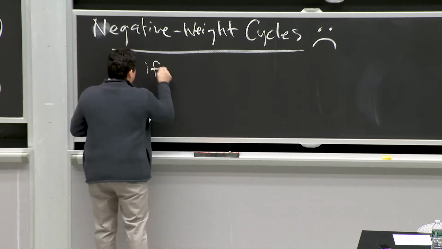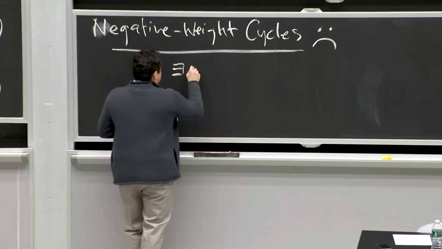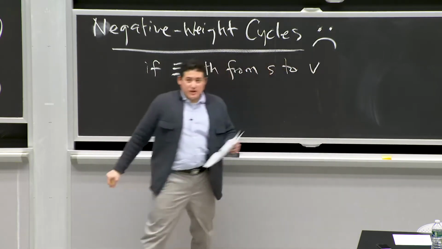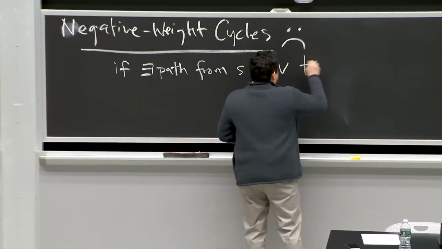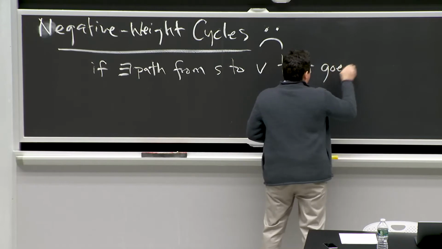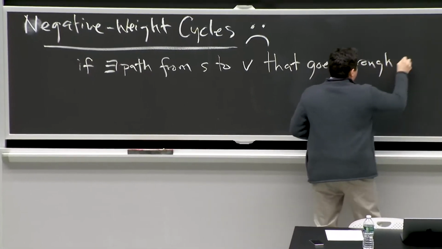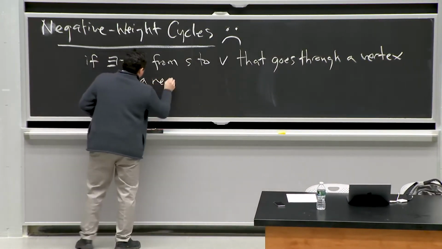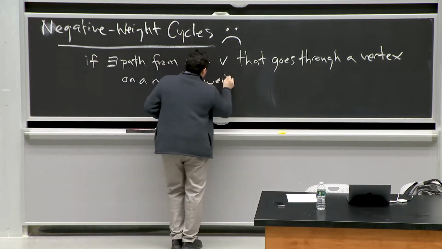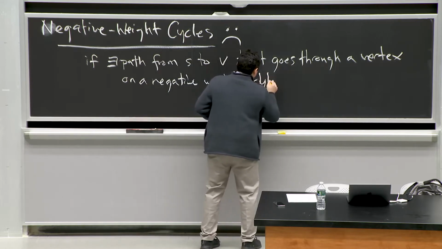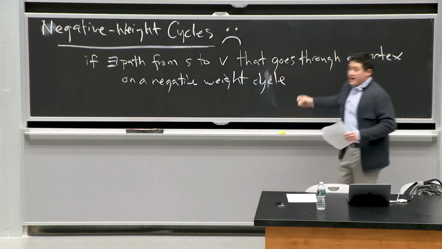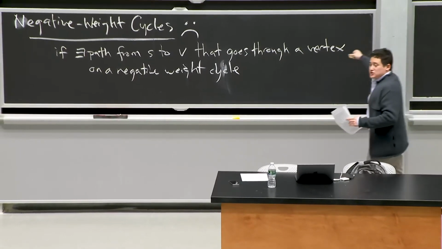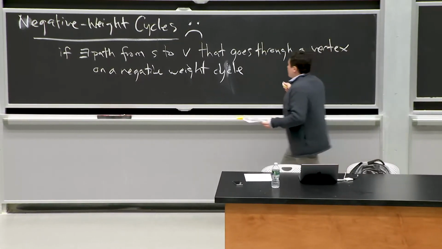In particular, if there exists a path from S to some vertex V that goes through a vertex on a negative weight cycle, then I can take that path to that vertex, circle around the negative weight cycle, and then proceed to V, and I can take that cycle as many times as I want.